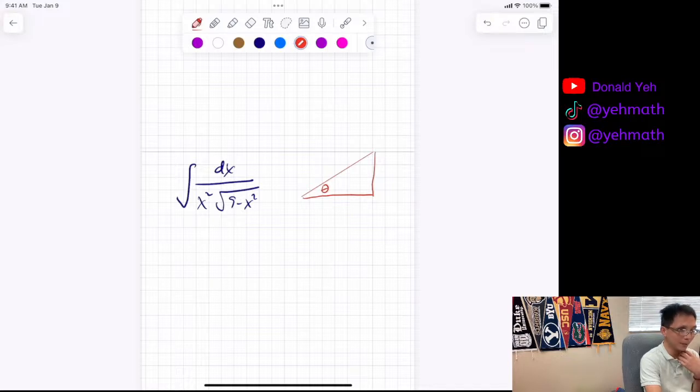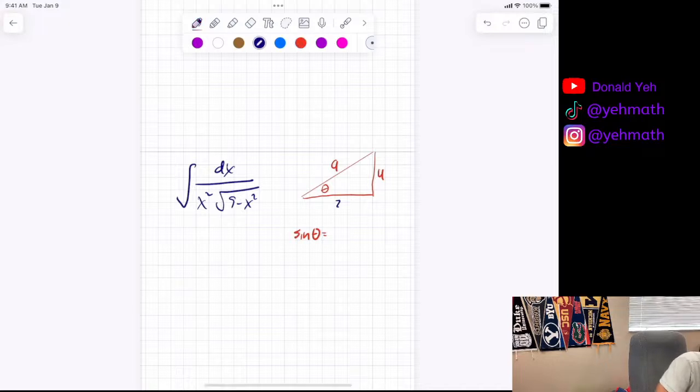Okay, so let's start with this. We draw out a triangle. If I remember the derivative of arcsine, I know this is gonna be the easier way to remember this, so you guys don't make mistakes. So sine of theta is equal to what? In this case, it's gonna be u over a, right? Why is it u over a? Well, think about it.